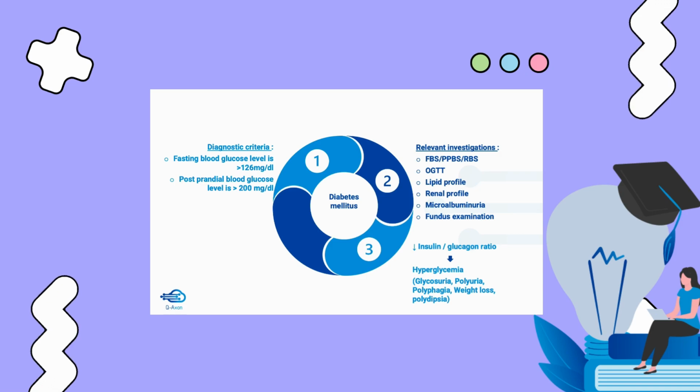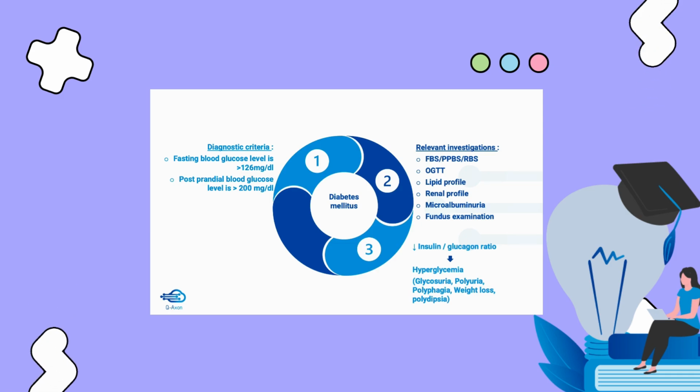Because the glucose cannot be utilized by the body and it senses hypoglycemia, there is polyphagia, increased intake of food. Because of decreased utilization of glucose, the patient ends up with weight loss and polydipsia because of increased loss of water through polyuria. So these are the presenting symptoms or signs of a case of diabetes mellitus.